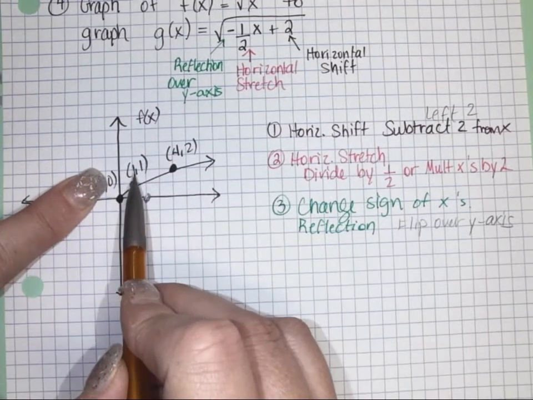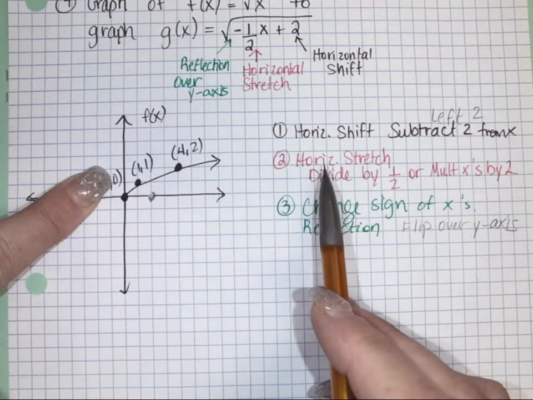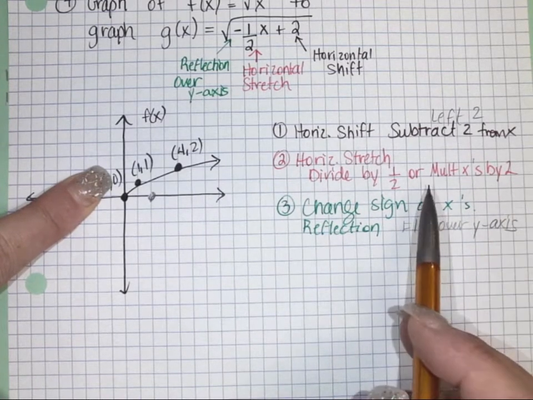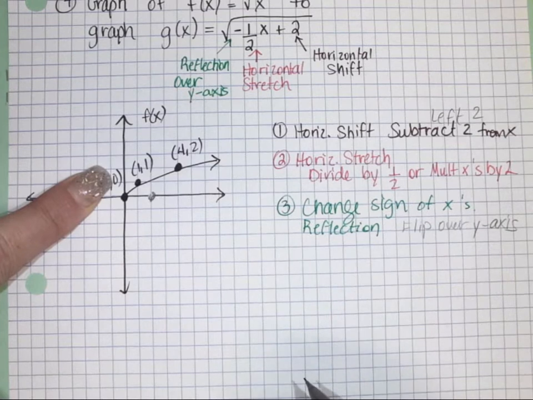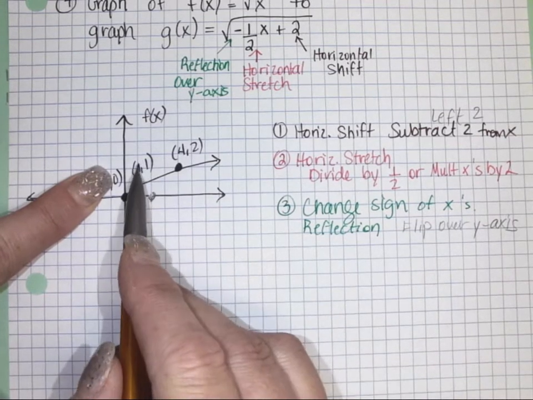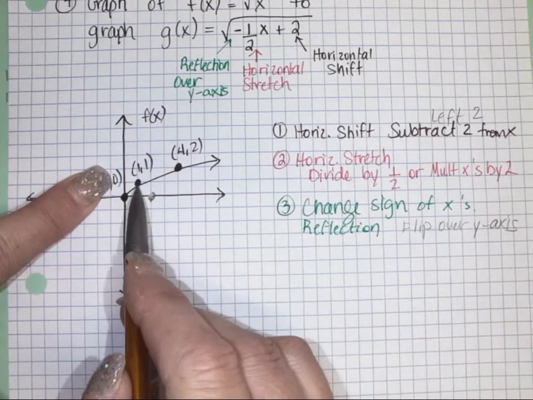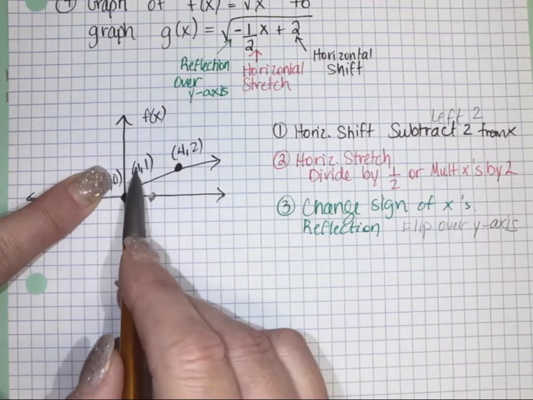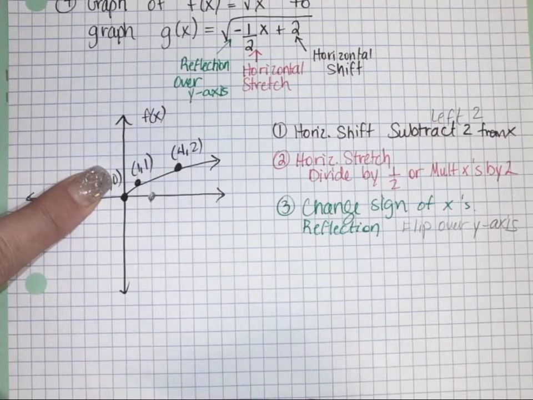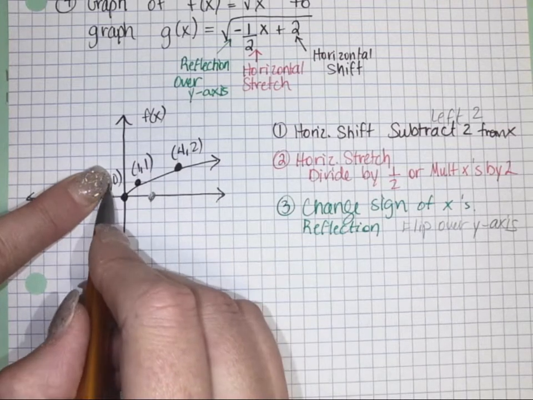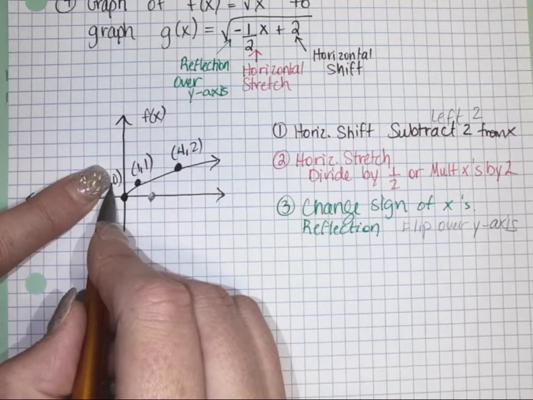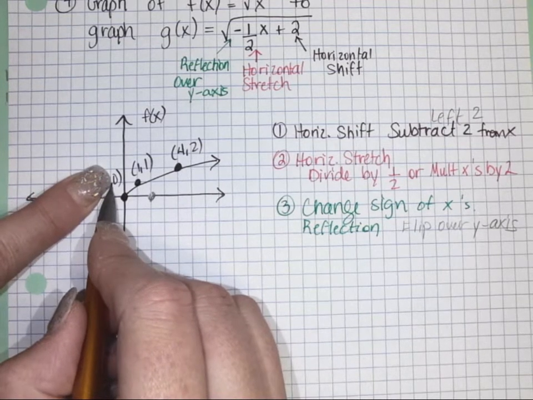My x-coordinate is 1. Second step is to divide that by 1/2, or multiply your x by 2. So if I'm dividing this by 1/2 or multiplying by 2, then my new x becomes 2. So I already moved it left, and then my new x becomes 2.